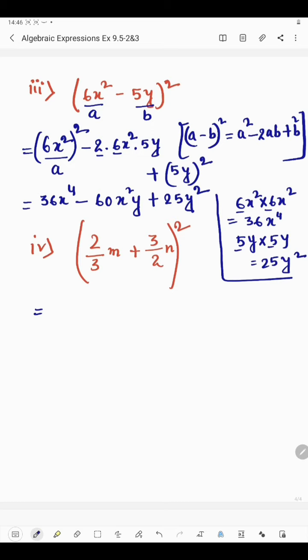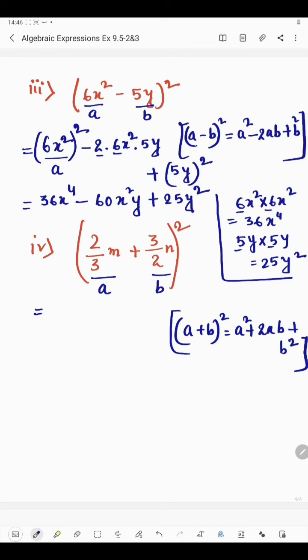In the fourth part we have (2 by 3m plus 3 by 2n) whole square. So this we will consider as a and this as b. So this is the (a plus b) whole square identity, right? So the identity is a square plus 2 into first term into second term, so 2 into ab, plus the square of the second term, which is b square.